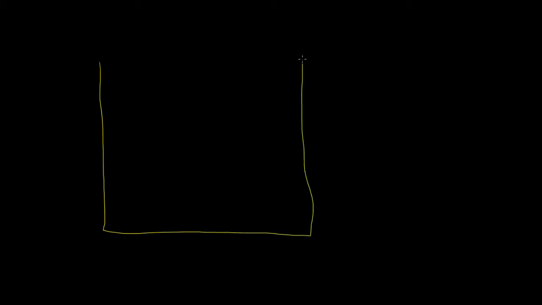So I'm going to start with a picture, which is usually a good idea. We know we have a square, and this square is 1 meter on each side. At each corner of this square, we're going to have a charge.